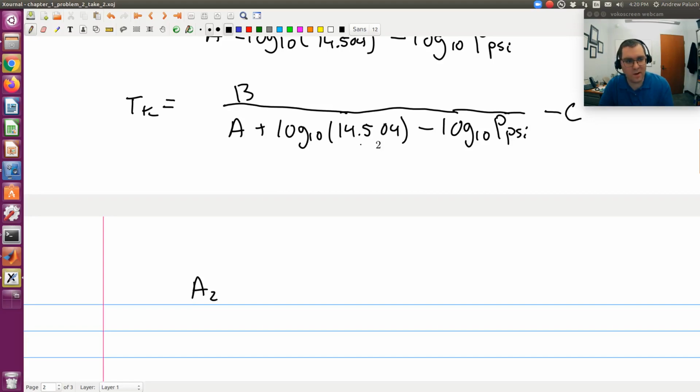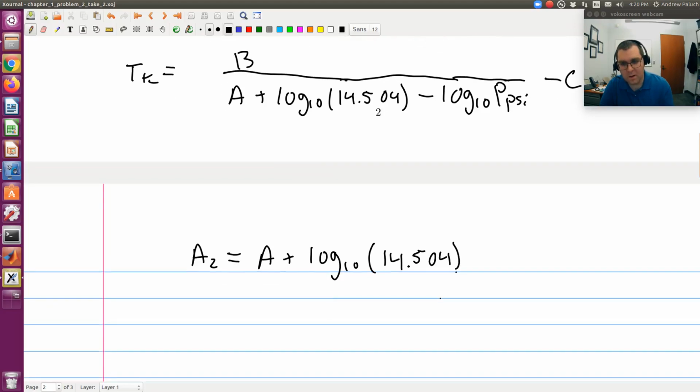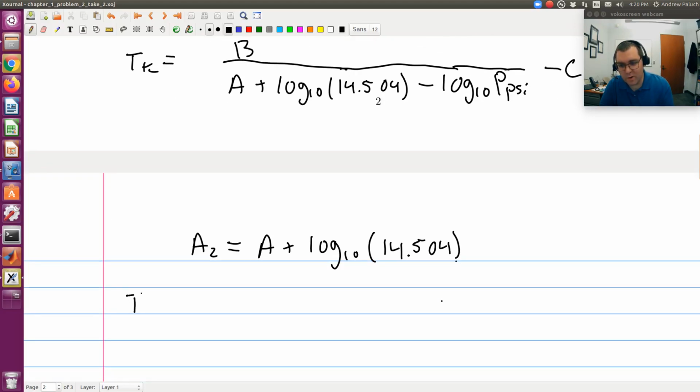Log base 10 of 14.504 is just a constant. So I'm going to let A2 equal A plus log base 10 of 14.504.